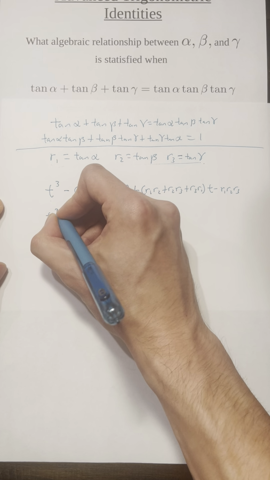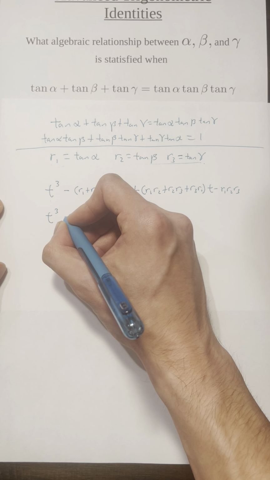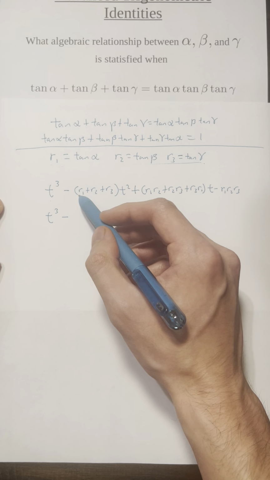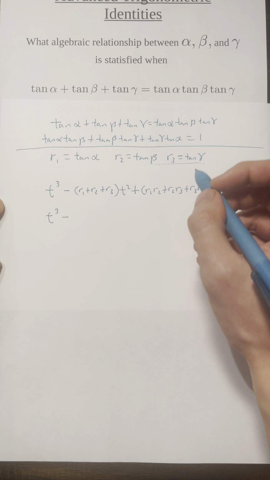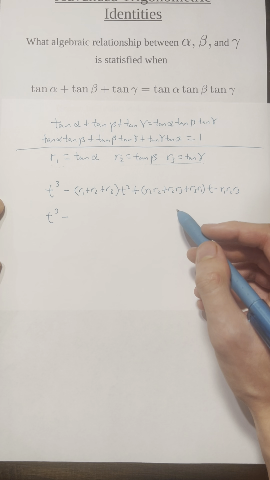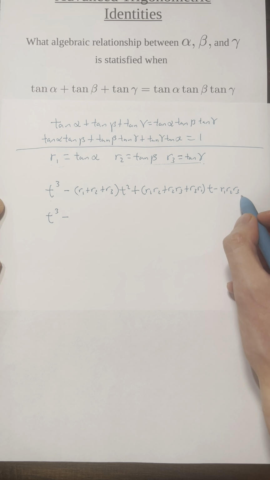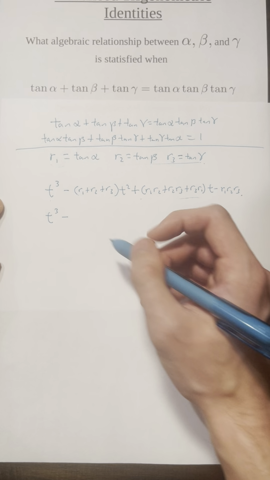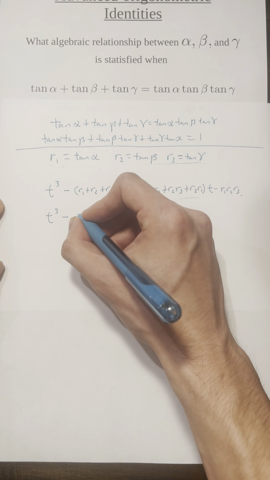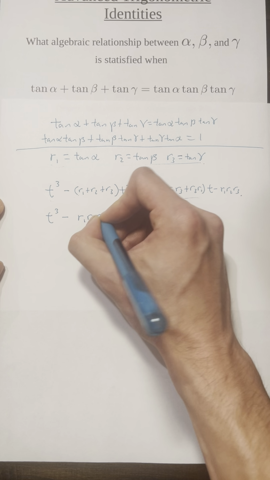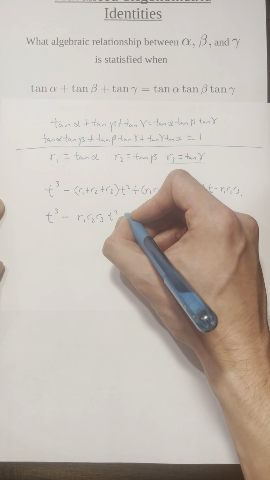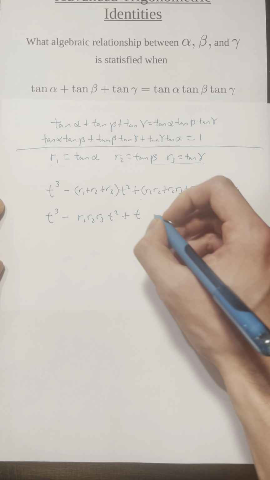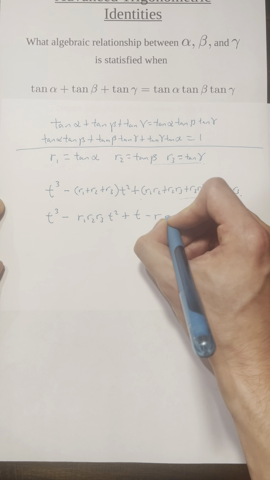We can actually factor this. I'm going to change this to R1, R2, R3 to match with this. And then I'm going to change this to 1 to match with the coefficient in front of t cubed. Okay, and then plus t, and then minus r1, r2, r3.